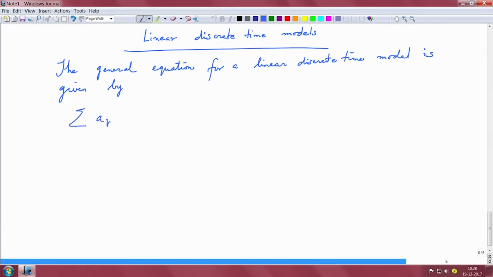summation a_k y of n minus k, going from 0 to p, equals summation b_k f of n minus k, k equals 0 to q.